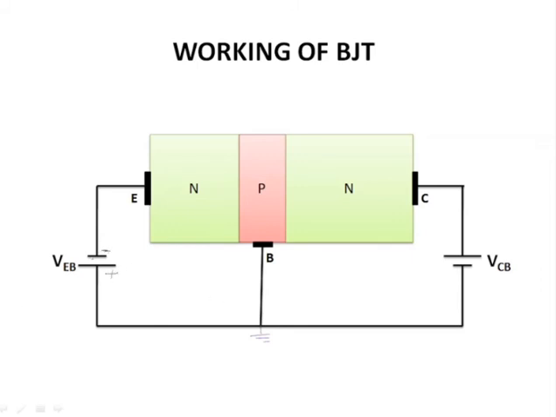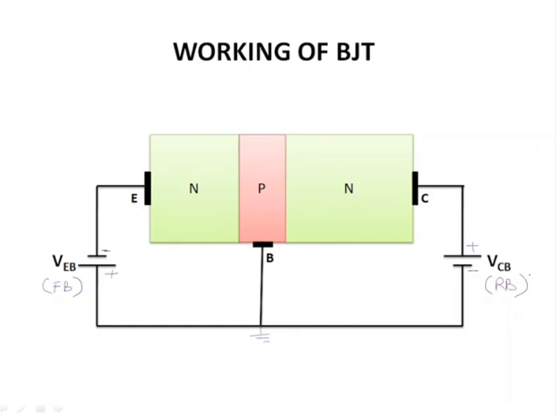So this makes this junction forward biased. And on this side, the N doped collector is connected to the positive terminal and the P doped base is connected to the negative terminal. So this makes this junction reverse biased.